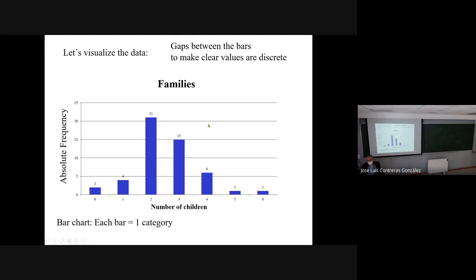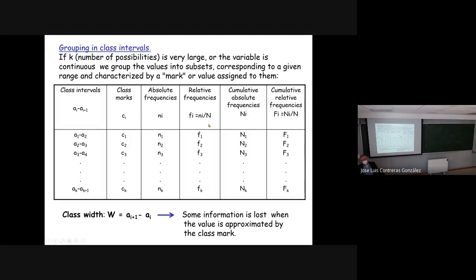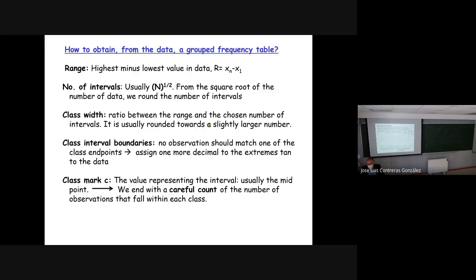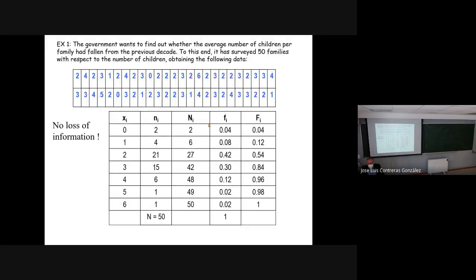It is not needed to put the numbers on top, but this is a simple graphic representation which is easy to use. Okay, so let's go on to the next example, where we are going to use class intervals, which is applicable to continuous variables or to variables which have so many possibilities that making the whole table is not an option. Here it was very easy because we only had 6 values.